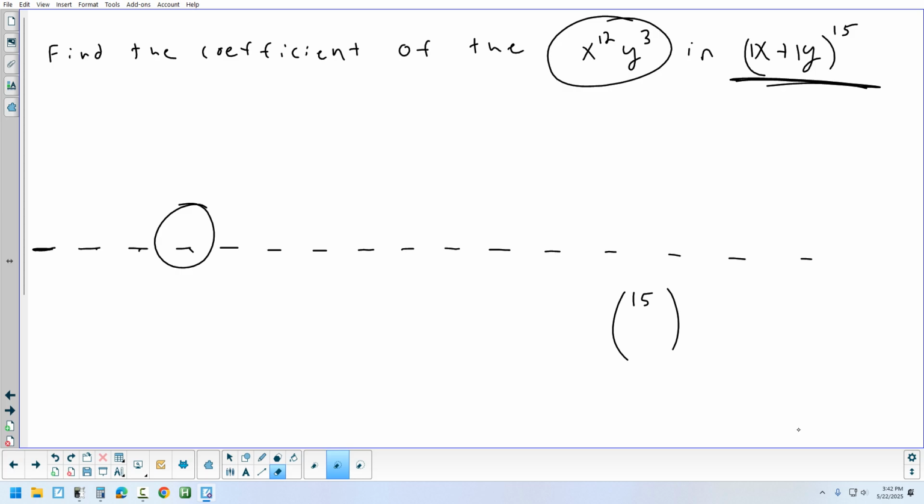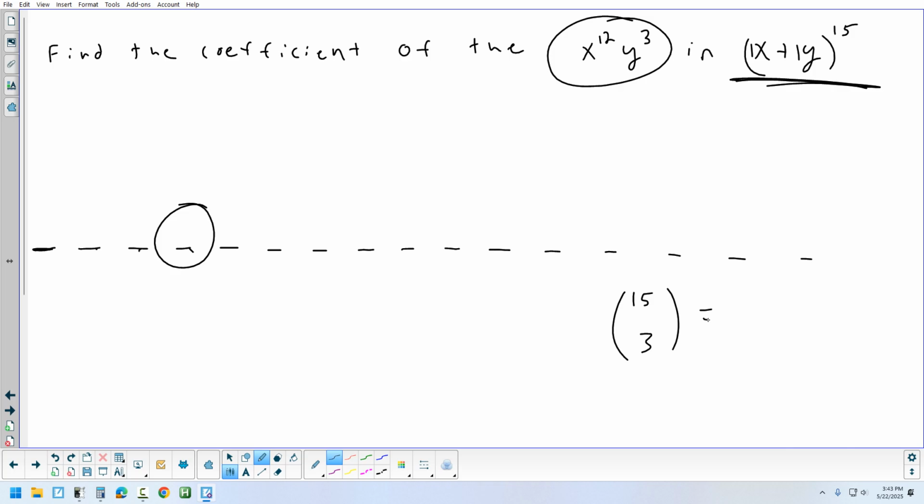The fourth number in the row is not in the fourth column. Is it in the third column? It's in the third column. You start from 0. So if you were to write out Pascal's triangle, you're going to row 15, column 3. That's the number that I'm looking for in this problem.